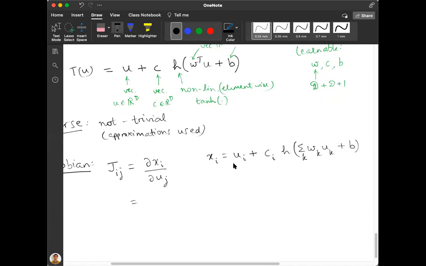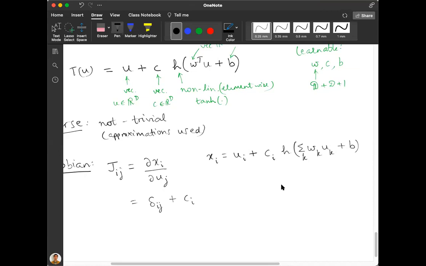So the first term is u_i, and the derivative of u_i with respect to u_j will be 1 only when i and j are the same. So let me call it delta_ij, the Kronecker delta function, plus c_i is a constant, and this thing is a function of u_j because sometimes k will be equal to j.